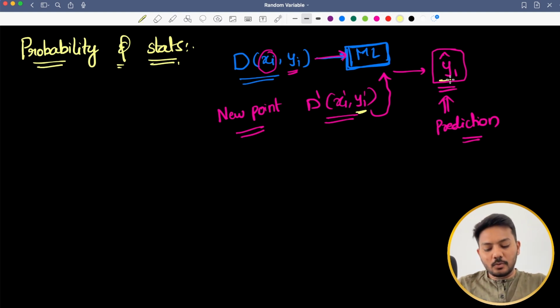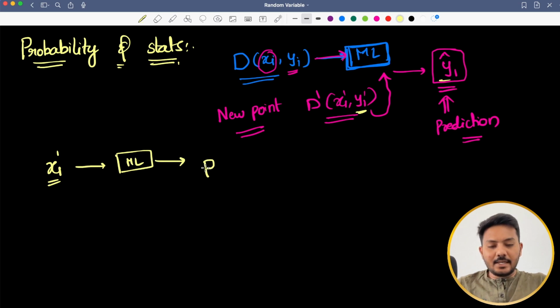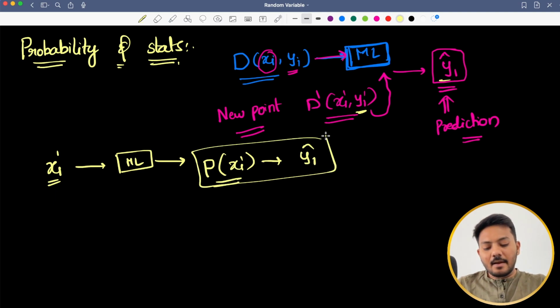What it will give you is, let's say I have this x1 dash, and I pass it to my trained machine learning model, and now what it will give is the probability of x1 dash being y1 dash. So let's say my data set is binary classification.